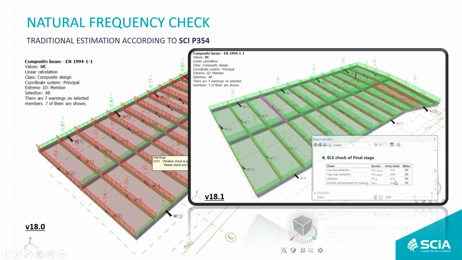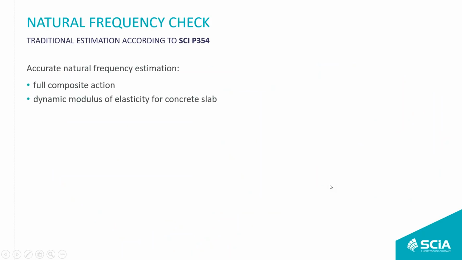So what did we do? We didn't cheat in this case. What we do now is that we take into account that when we are evaluating frequency or vibrations, we always should assume full composite action. This is because regardless of the number of studs on the beam, with such small deformations that are caused by vibrations, the slab and the beams always behave as one.